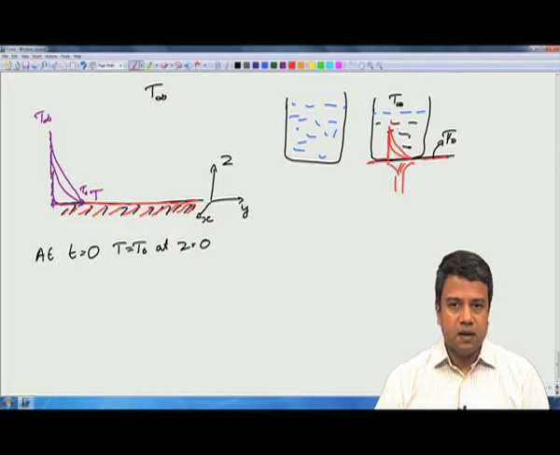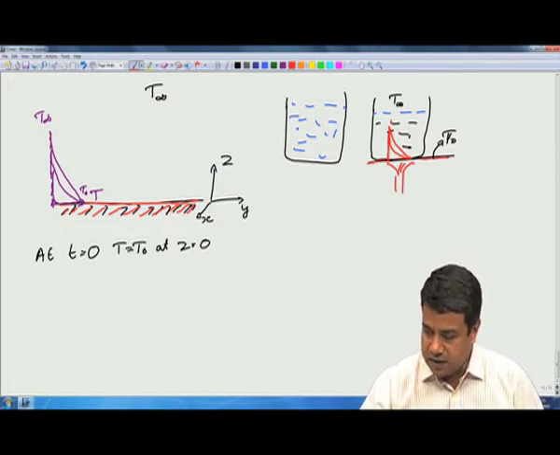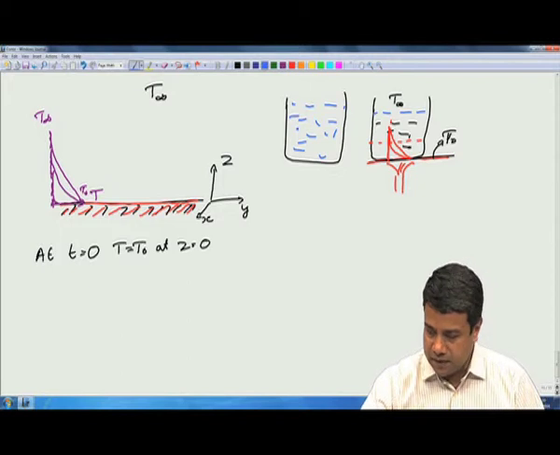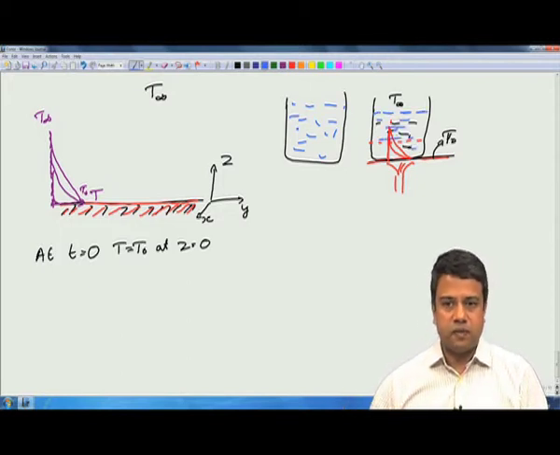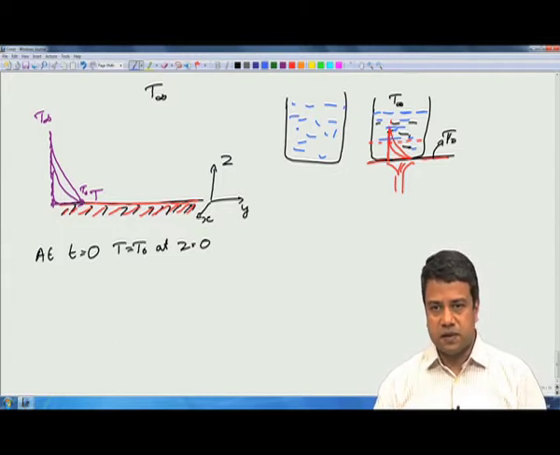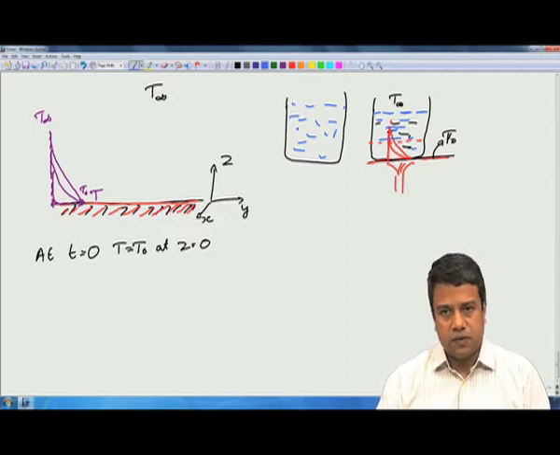The infinite fluid idealization is valid so long as the distance over which the temperature has increased is much smaller than the total height of the fluid. So long as the distance over which this temperature disturbance due to the base has penetrated is much smaller than the total height of the fluid, you can consider it to be an infinite system. So, that is the problem.